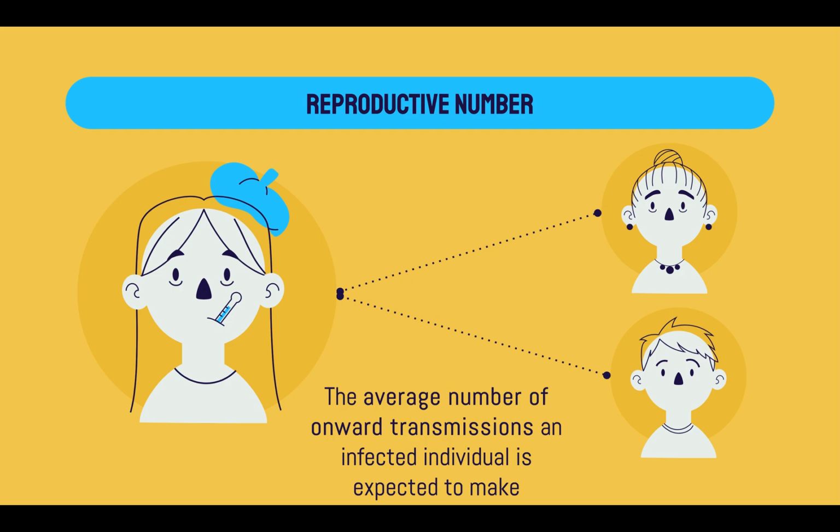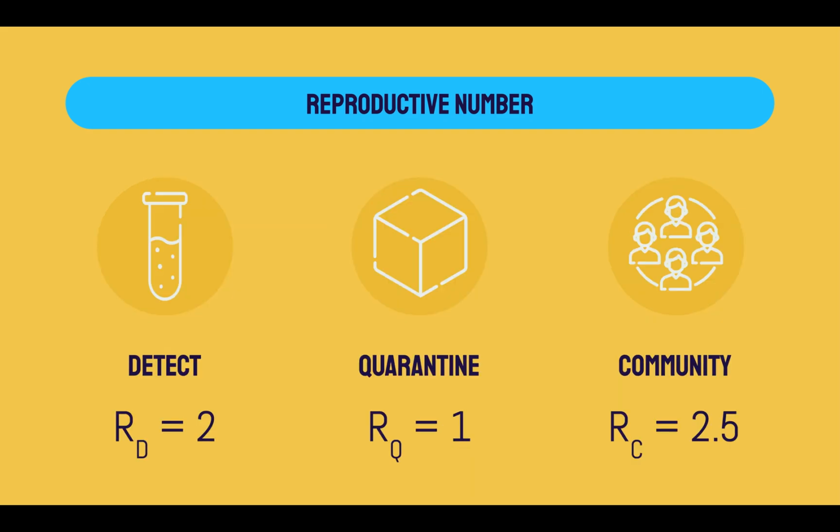And so again, as a reminder, the reproductive number is the average number of onward transmissions an infected individual is expected to make. And so you can have a reproductive number or an effective reproductive number for each of these compartments. For example, people who are detected via testing, you might expect them to infect on average 2 people per infected individual.